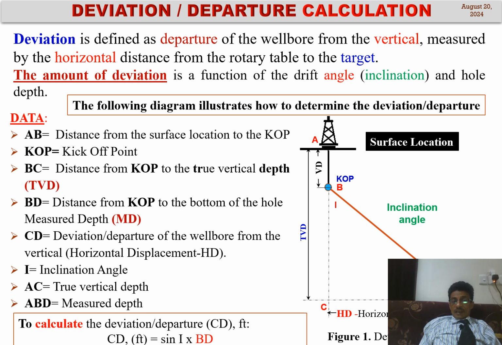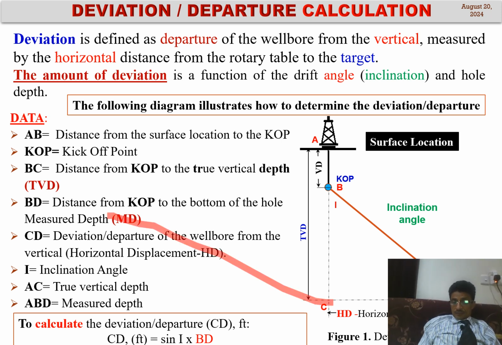AB, from A to B, is the vertical section. Kickoff point is where we take the inclination angle. BC, from B to C, is the distance from the kickoff point to the true vertical depth of the well, from here to here.